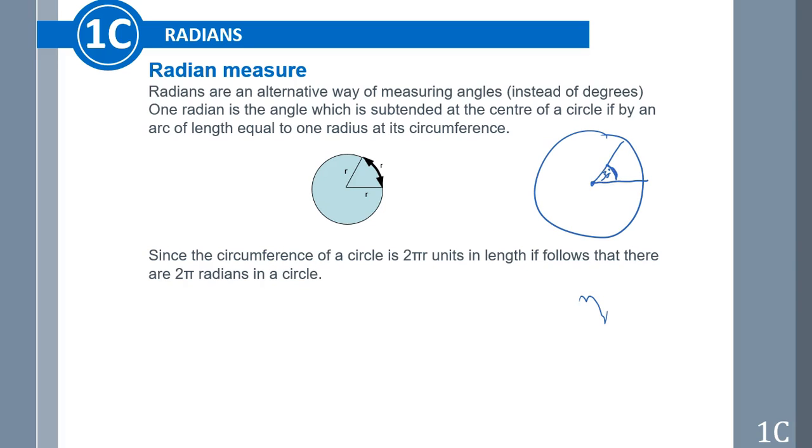What radians do is look at the distance that has been travelled around the outside of the circle. So degrees are looking from the inside out, essentially, and radians are a distance around. They are just different ways of doing it.